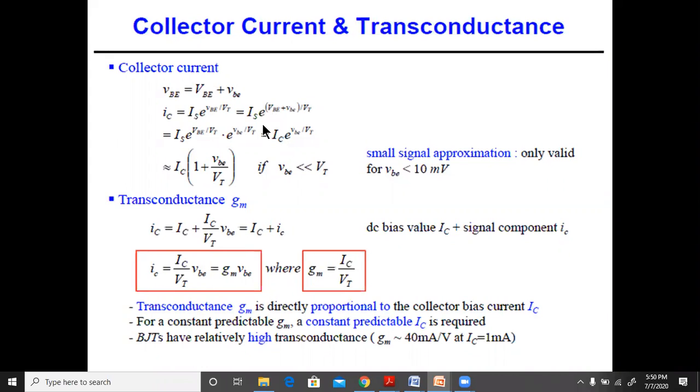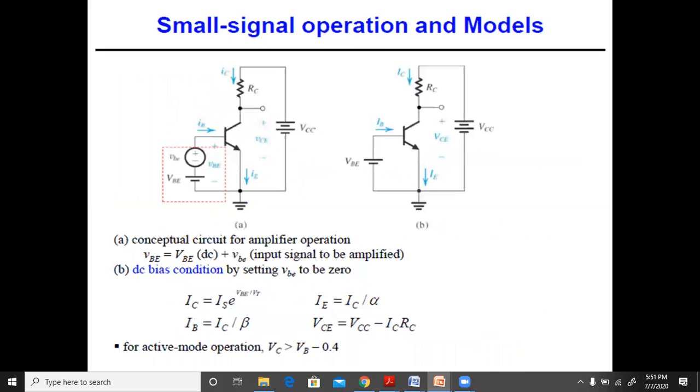So you can separate it out: IS e to the power of VB by VT, e to the power of small VBE by VT. This is the DC component, and this is the AC component. And we know very well that this merged with this is nothing but the capital IC which we have considered in the equation over here.